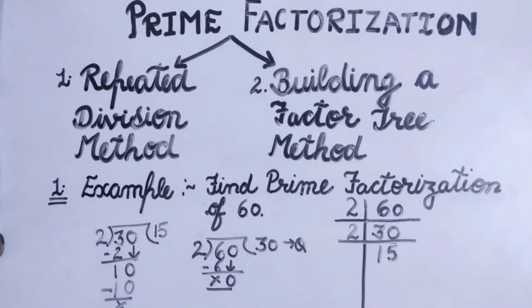Now once again check. Can this number be divided by the smallest prime number? No, students. Why? Because the divisibility rule says that only if 0, 2, 4, 6 or 8 is at the ones place can it be divided by 2. So it cannot be divided by 2.